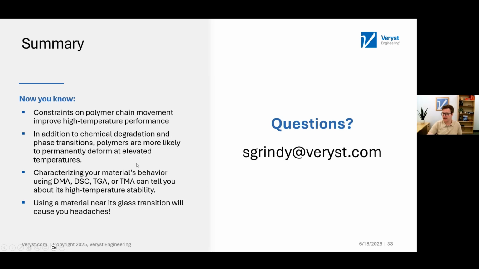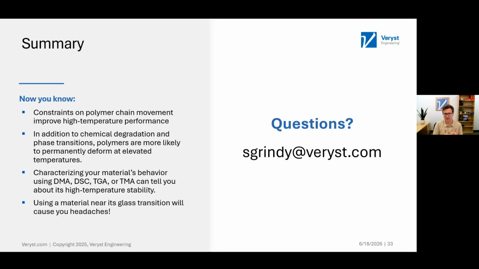Just to summarize what we talked about today, we talked about the structure of polymer materials and how polymer chains affect elevated temperature performance. We talked a fair amount about the different permanent deformation modes that polymers are more susceptible to than other engineering materials.